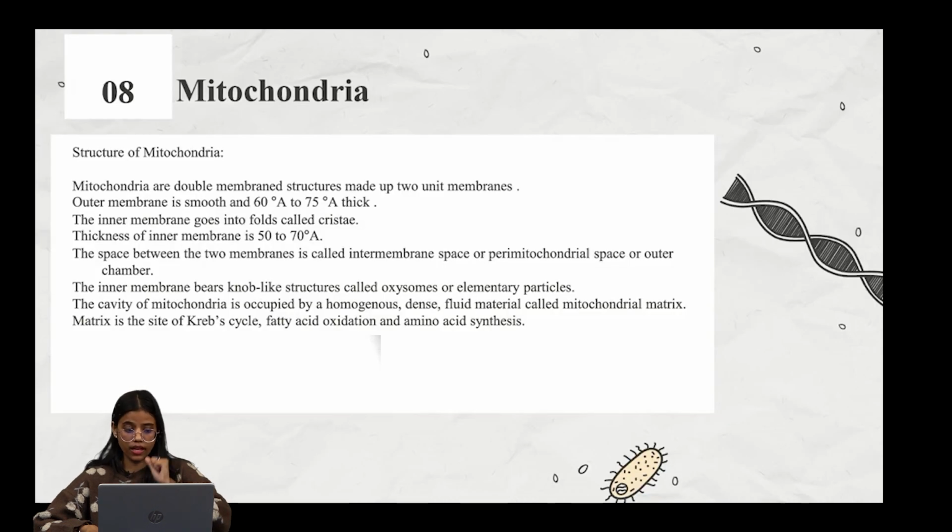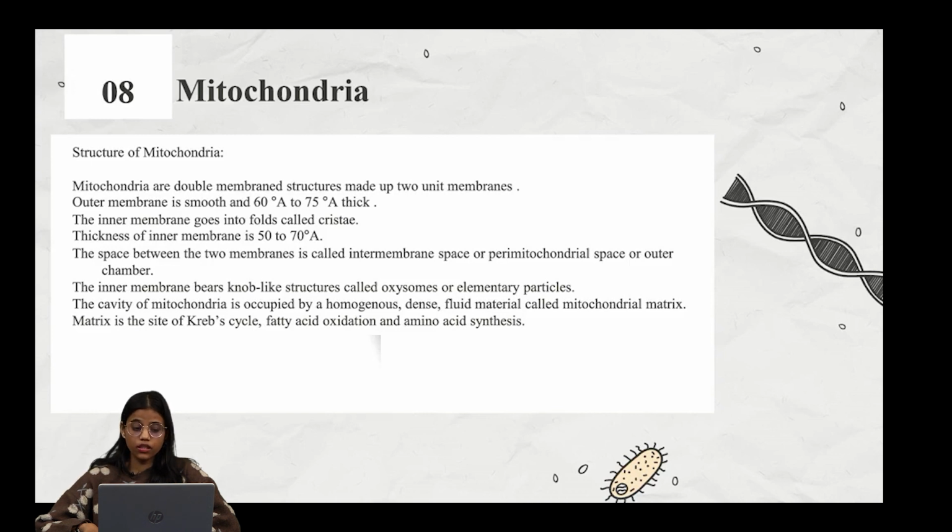Number eight is the mitochondria. If we talk about the structure of mitochondria, they are double membrane structures made up of two unit membranes. The outer membrane is smooth and 68 to 75 Å in thickness. The inner membrane goes into folds called cristae, and the thickness of the inner membrane is 50 to 70 Å.